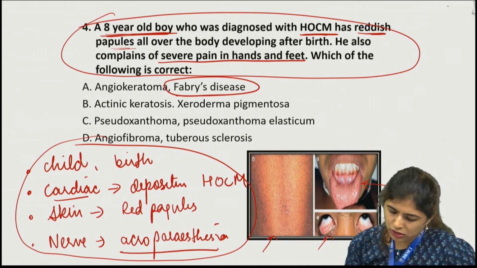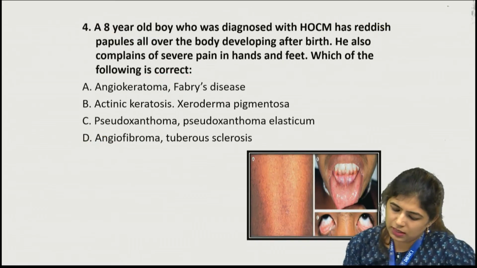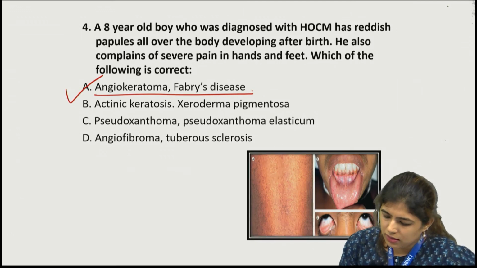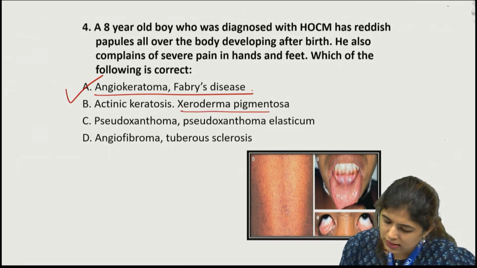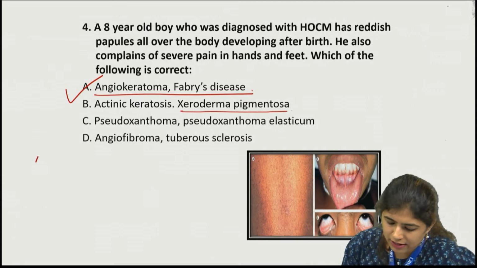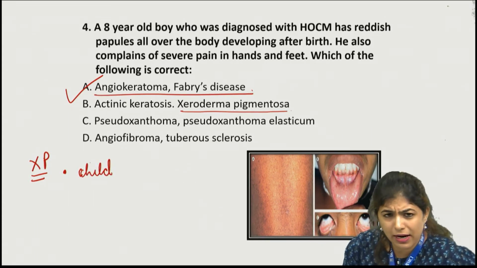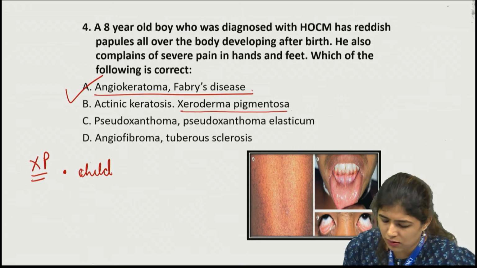So coming back to the question here, the answer is this. If we discuss what xeroderma pigmentosa is, had it been a case of XP, then also the disease would start in the child, not necessarily at birth, maybe a few years down the line.